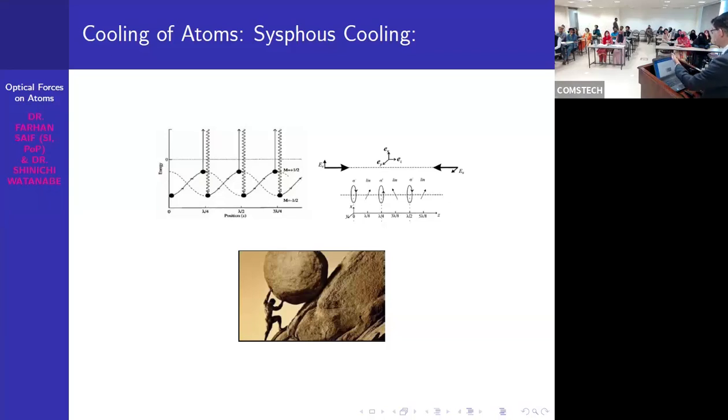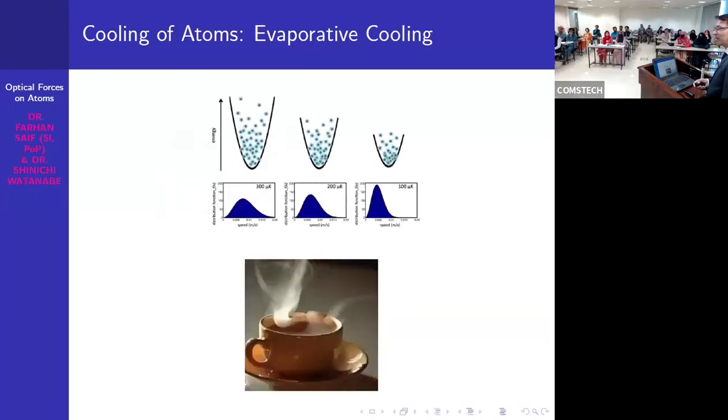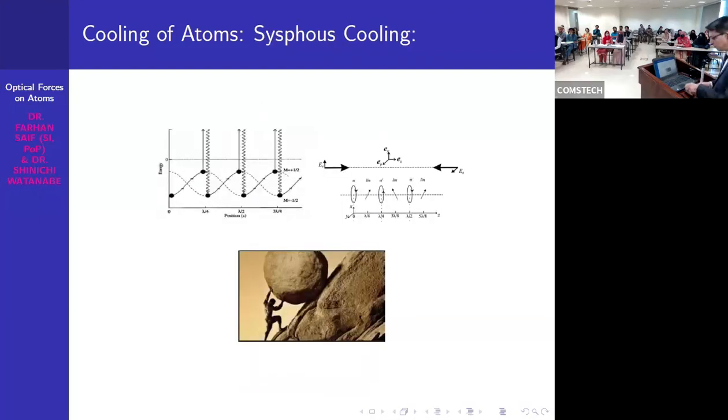Before he reaches the top of the hill, the day finishes and the stone rolls down again. So next day he has to start the work again from the beginning. This phenomenon is seen at work in cooling the atom further, and in this way the temperature is further reduced by 2 orders of magnitude.